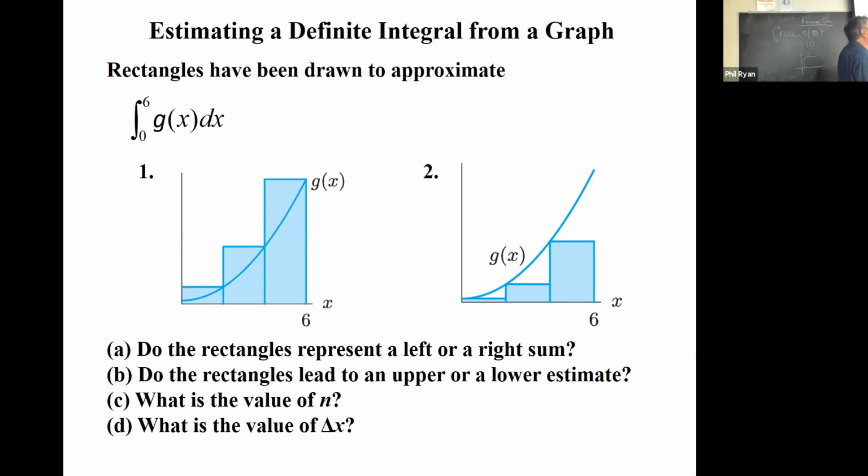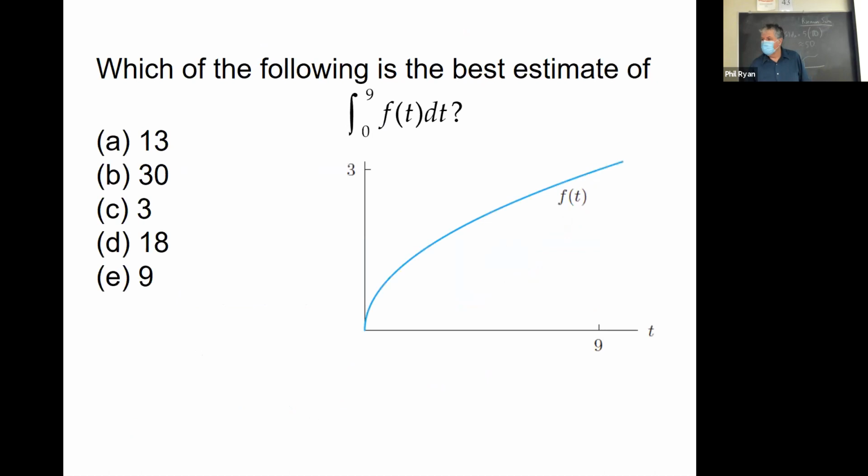And finally, what is delta x? What's the width of the rectangles? 2, exactly. It's 6 divided by 3. Okay, so that's all the basic terms right there. So understand this. This is what we're interested in.